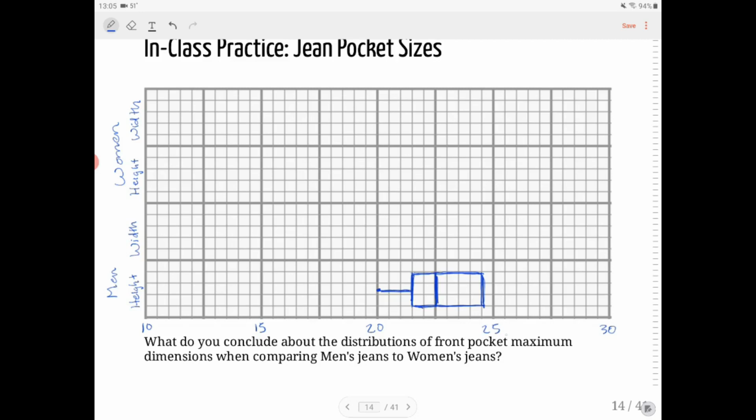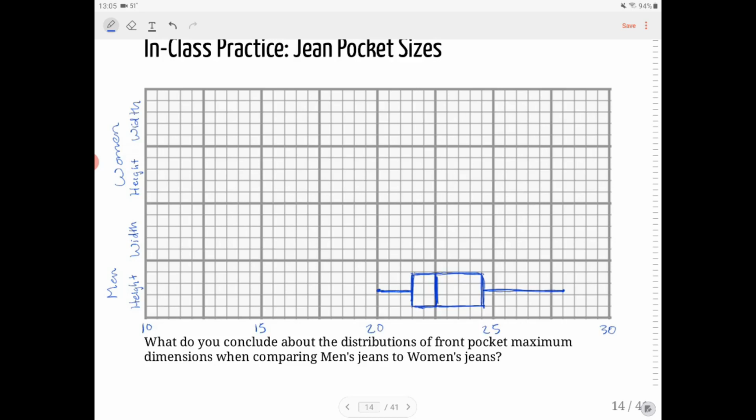And then we stop at our maximum value, which is 28. So 26, 27, 28, which is right about here. Okay, and that's just where we stop. So there we go. And there's our first box plot.